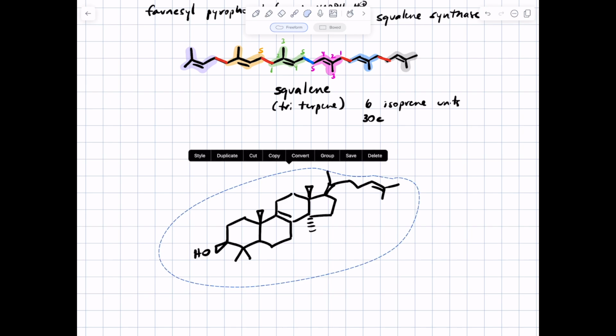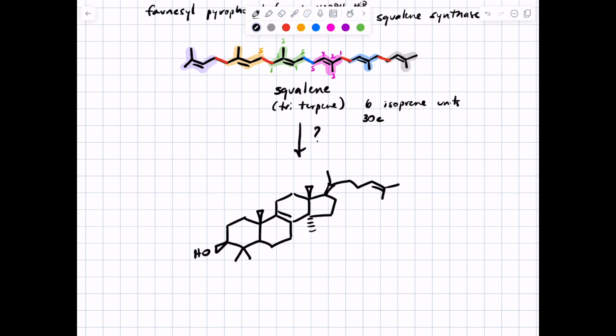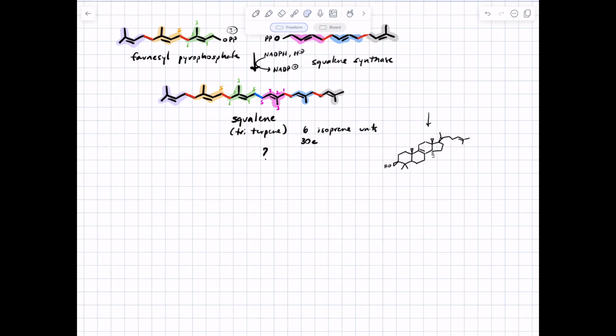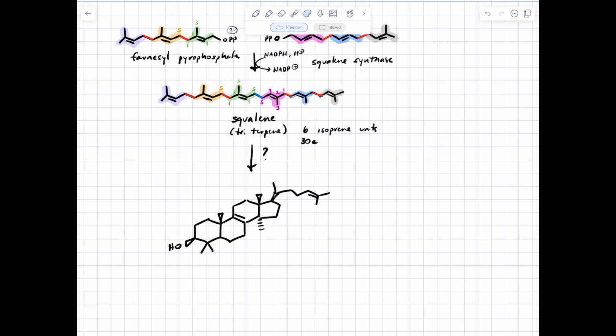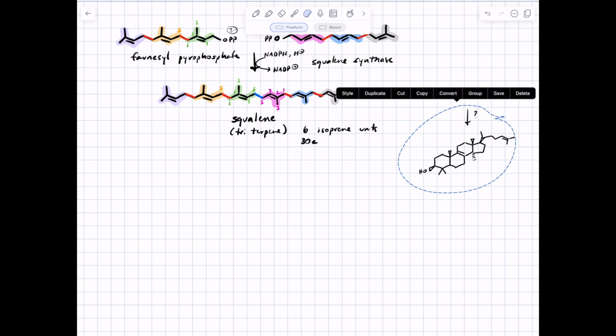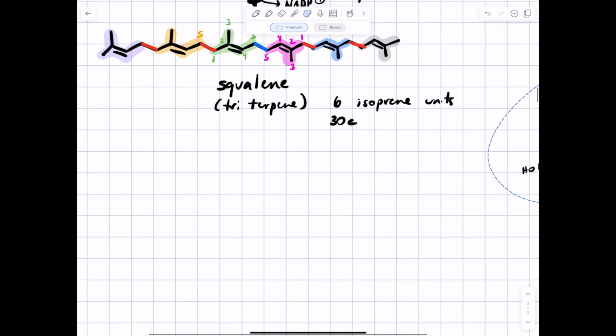Okay, and the question is, how does that happen? Well, this is our goal. If you count the number of carbons, though, there's 30 carbons there. So all of those carbons were initially put in place through this linear terpene precursor.